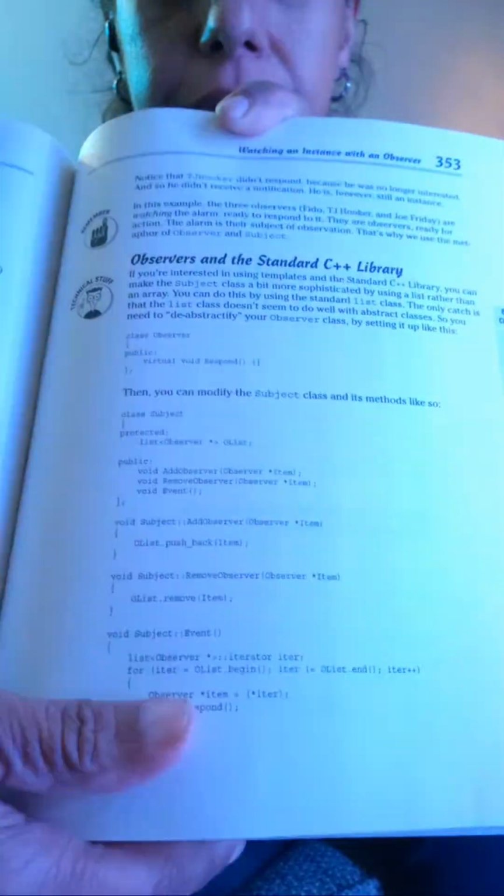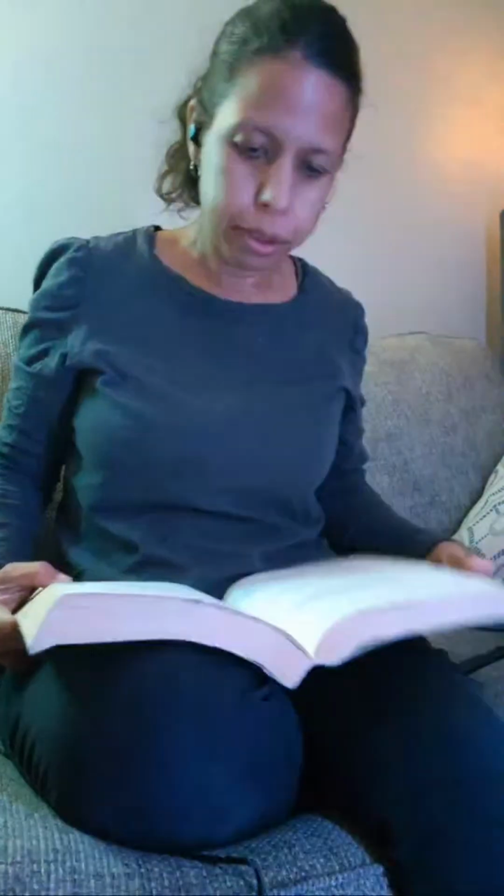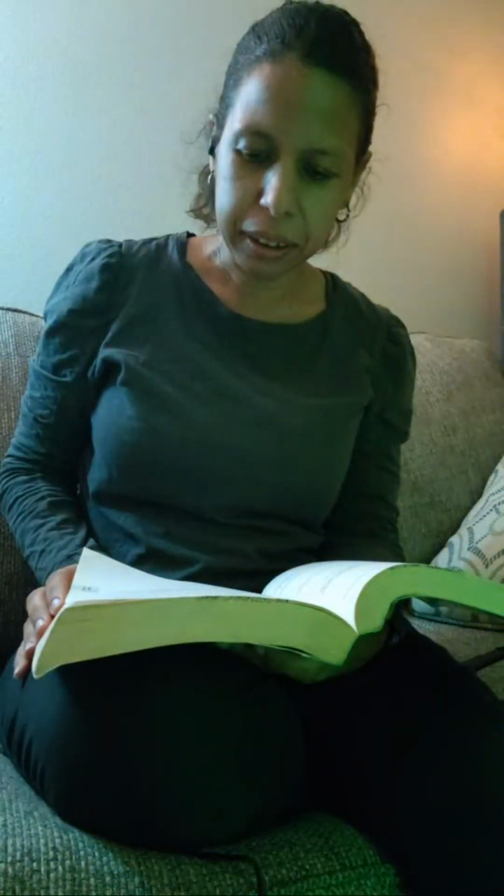Observers and the standard C++ library. Technical stuff. If you're interested in using templates and the standard C++ library, you can make the subject class a bit more sophisticated by using a list rather than an array.